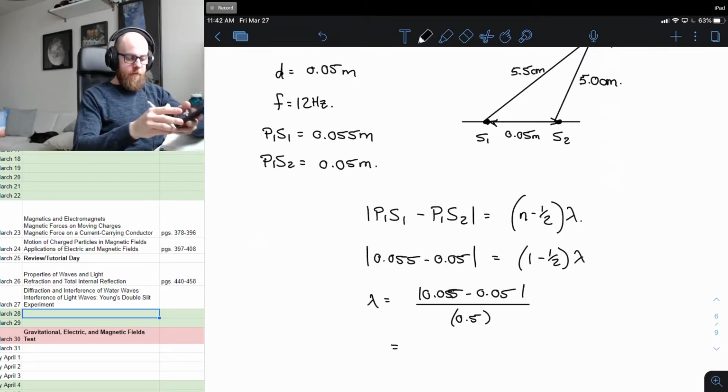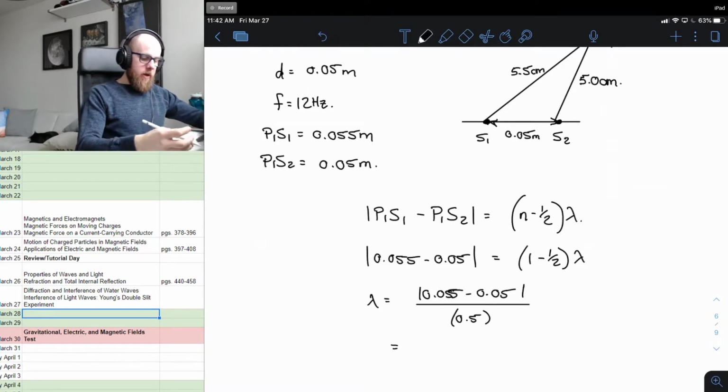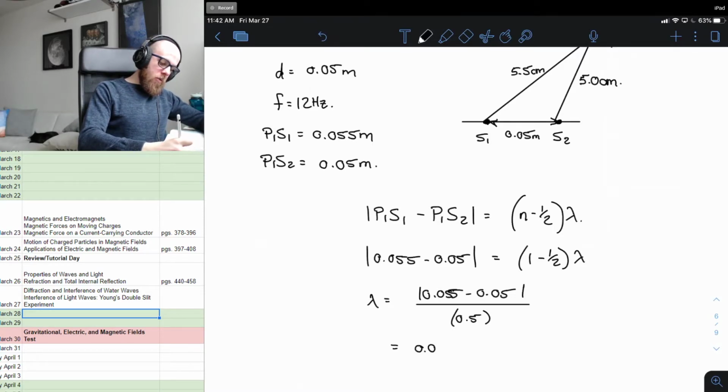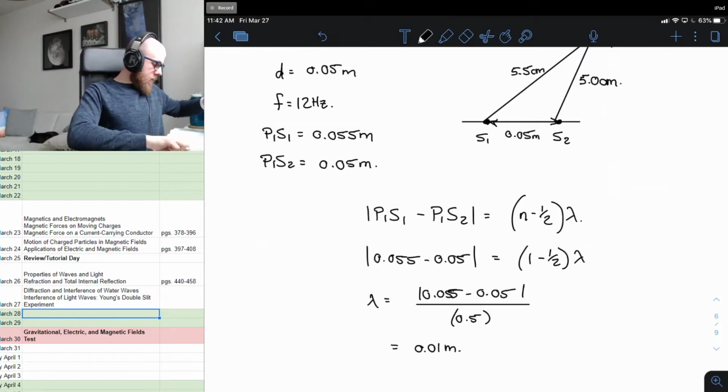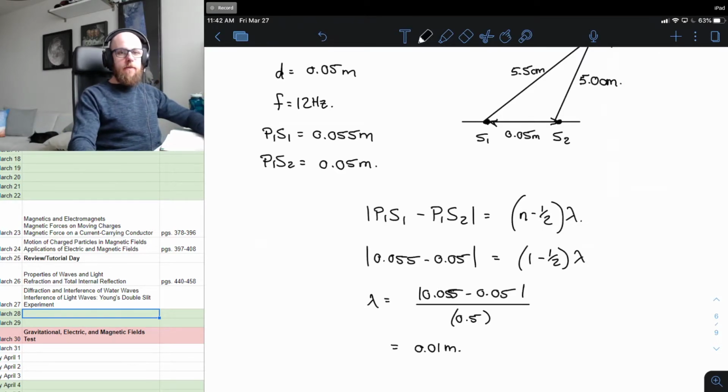Let's see what we get. I get a value of 0.01 meters. So I've successfully found the wavelength of the waves being generated by these two point sources.